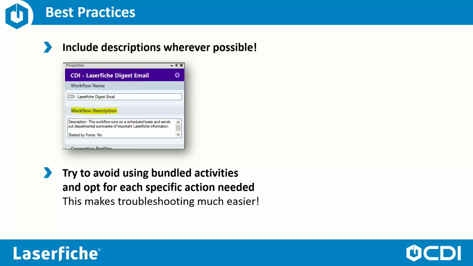Include descriptions wherever possible. I know, firsthand here at CDI, but also with a lot of organizations, this seems irrelevant. You're a 5-person office, like everybody's going to know what the HR workflow does. Until they don't. So we definitely recommend including descriptions with your workflow naming, as well as sometimes your activities.